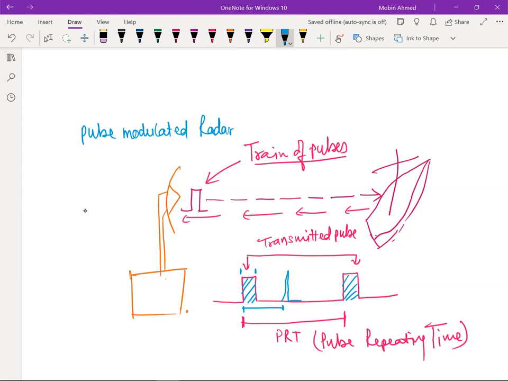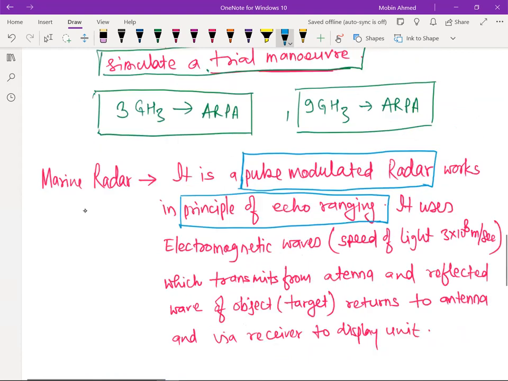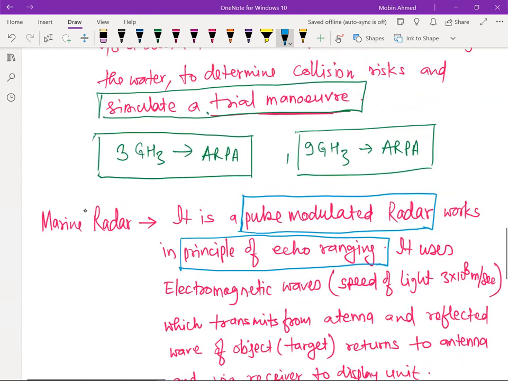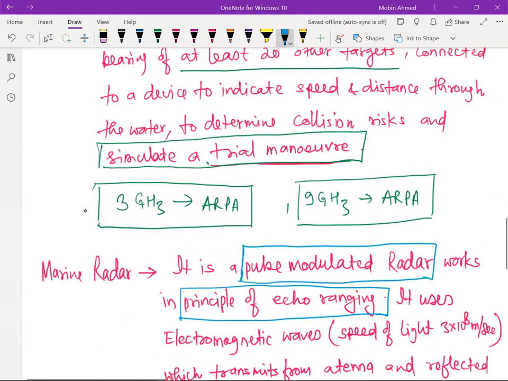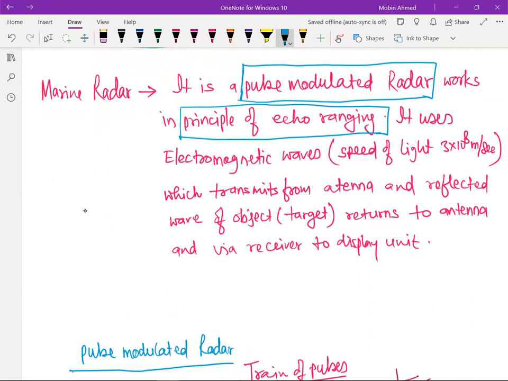And this is how range calculation has become very, very possible by this pulse modulated radar. All the radars work on this principle, and this is known as a pulse modulated radar. The same works on the principle of echo ranging. Echo means the reflected waves that are coming.